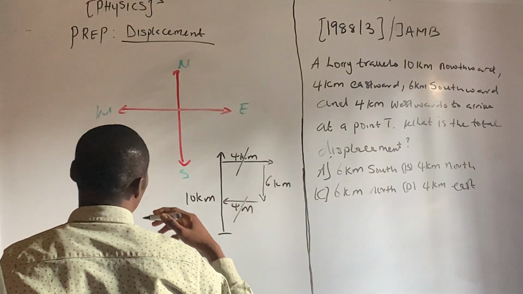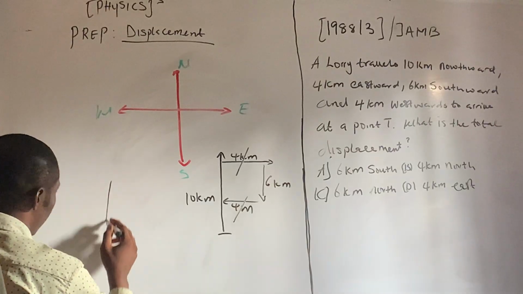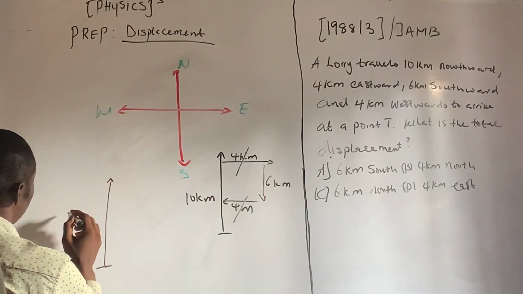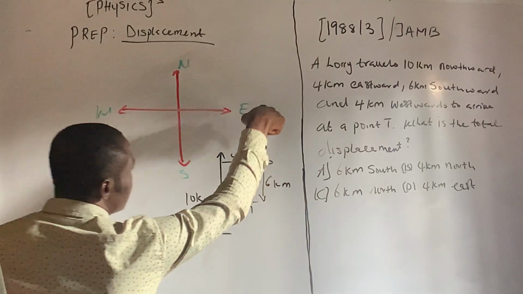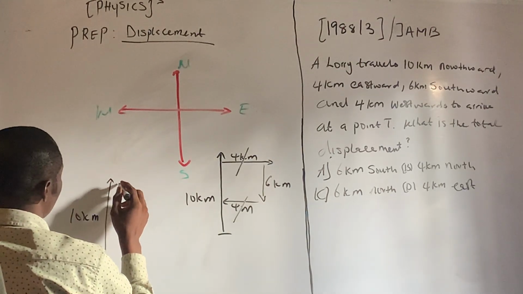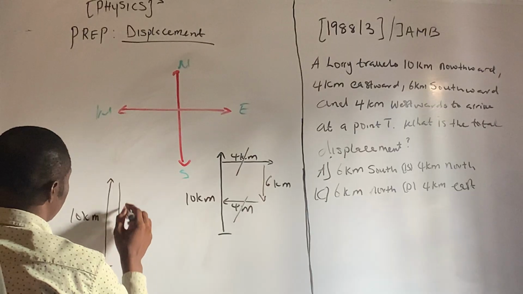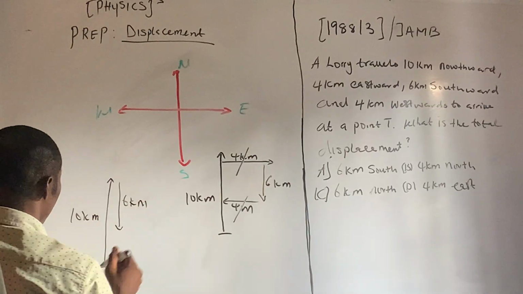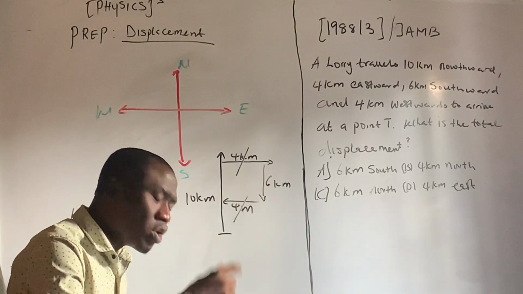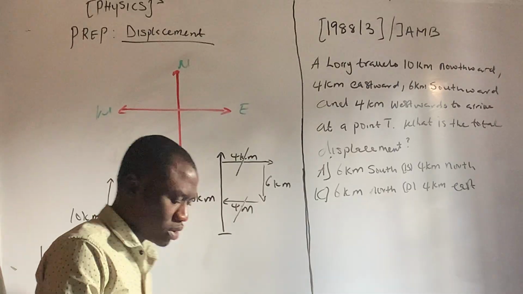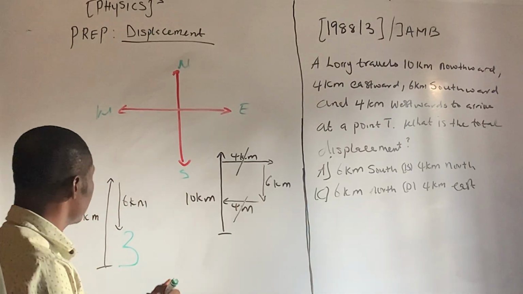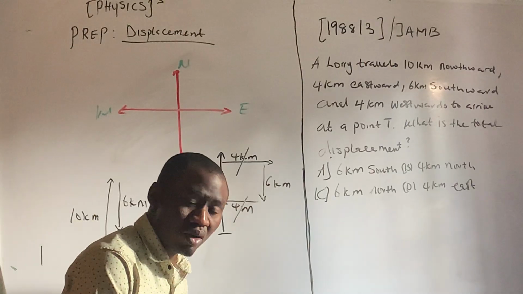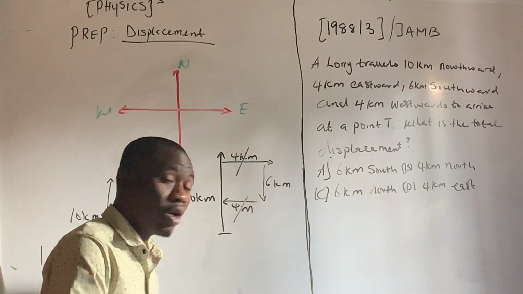So we have 10 kilometers to the north, and then 6 kilometers to the south, so it's moving back 6 kilometers. If you apply common sense, looking at the board, from here to here is the displacement of the lorry.